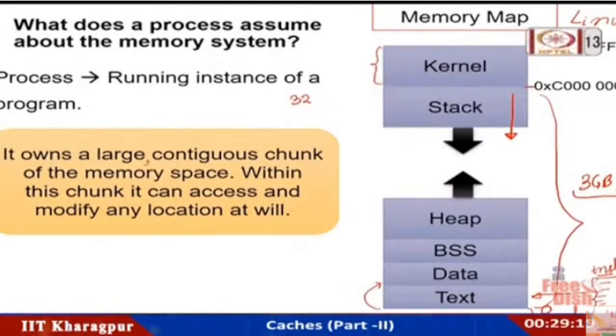Then we have two regions, data and BSS. The data section contains initialized global and static variables, and the BSS section contains uninitialized global and static variables. The heap section of the memory map contains all the data structures that are allocated via the new or malloc calls in C++ or Java, where we dynamically create objects.